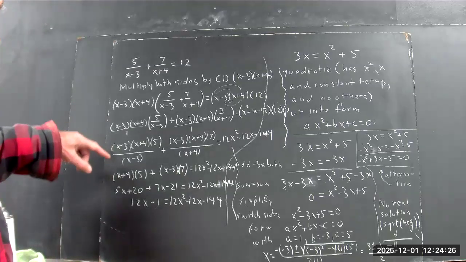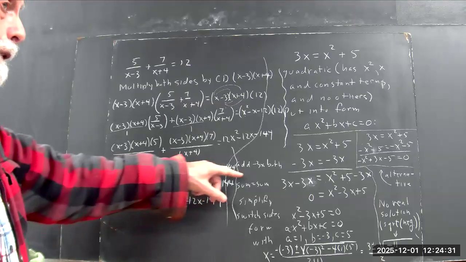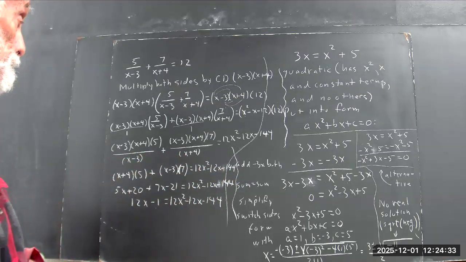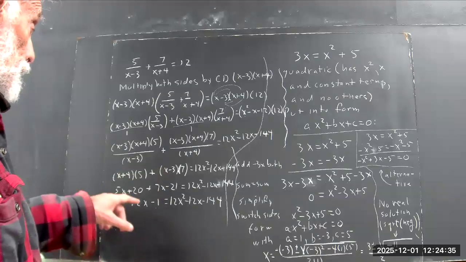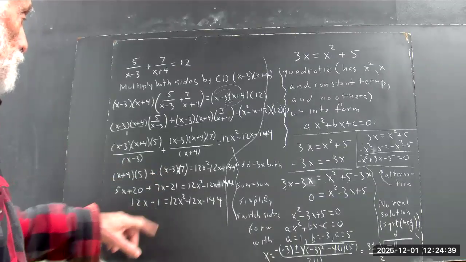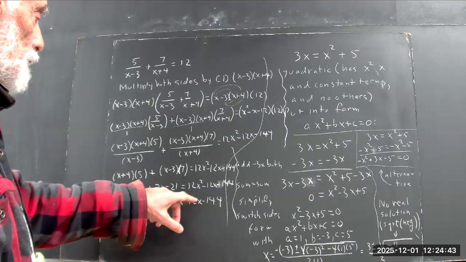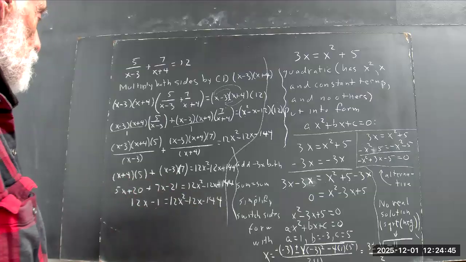Now notice that by this step, all our denominators are gone and everything is really pretty straightforward from this point on. We just simplify the left-hand side, which we've done. It simplifies down to 12x minus 1. Right-hand side is the quadratic expression 12x squared minus 12x minus 144.